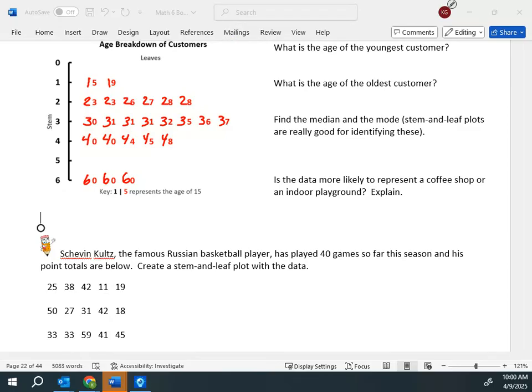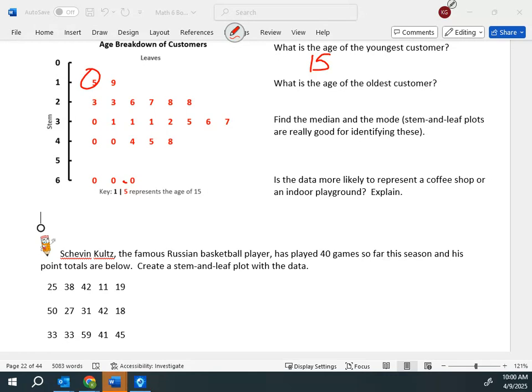So if I erase all of this and I look just at my leaves, I see 0 is the smallest number. We forgot to connect the stem in front. What is the youngest age of a customer? Kylie? 15. The youngest age is going to be that first leaf that's in there.